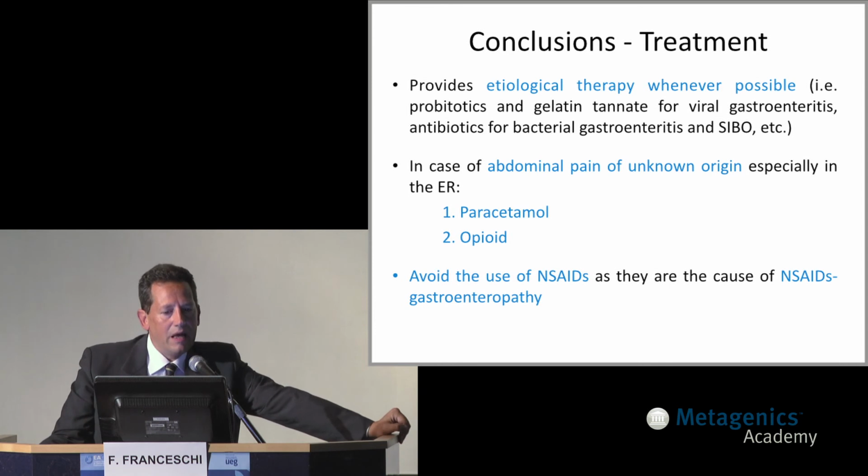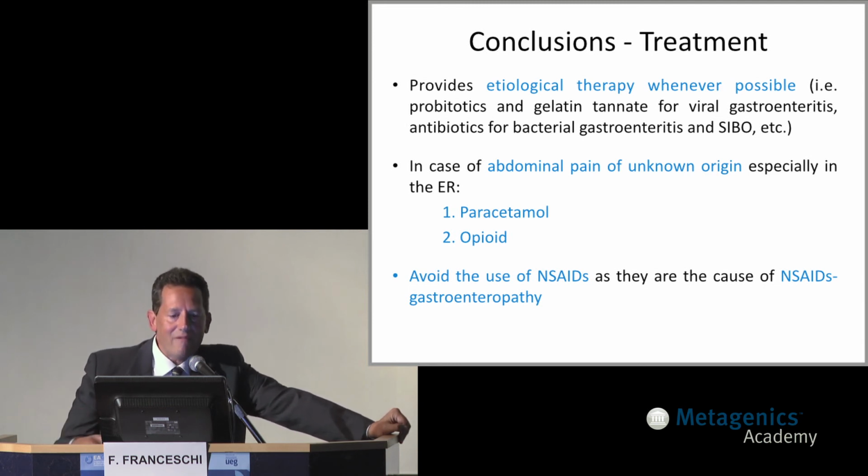Considering treatment, we have to provide etiological therapy whenever possible, when we know the cause. Of course, if a patient has gastroenteritis, we have to treat the patient with probiotics at the beginning and rehydrating therapy. If we have a specific bacteria, we have to treat the patient for the bacteria.